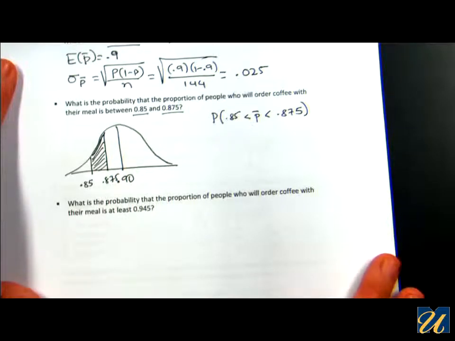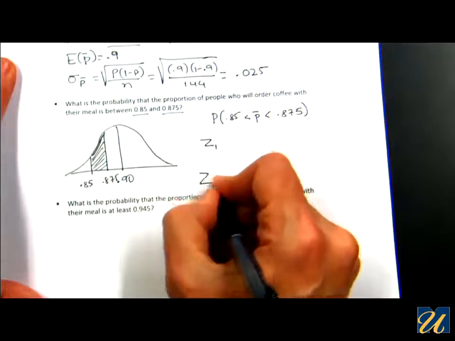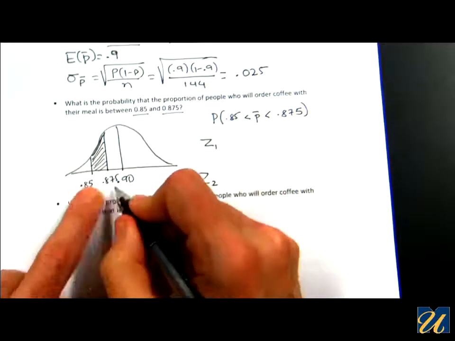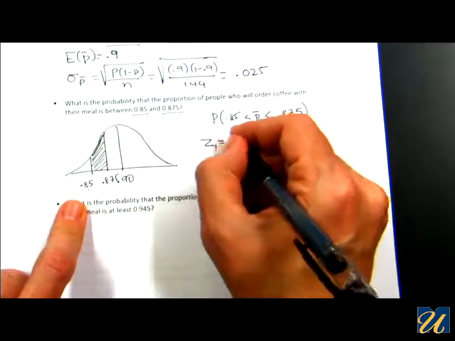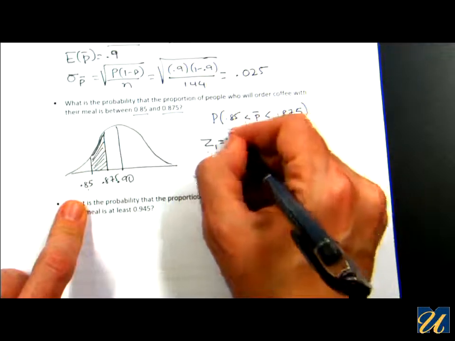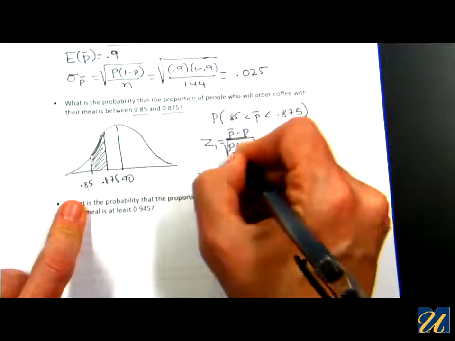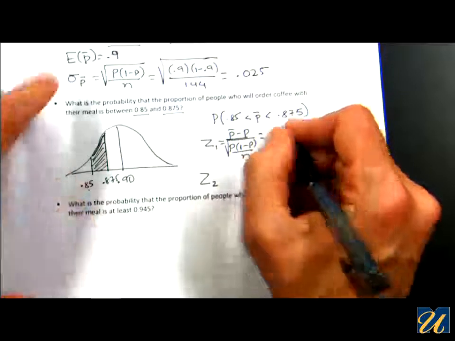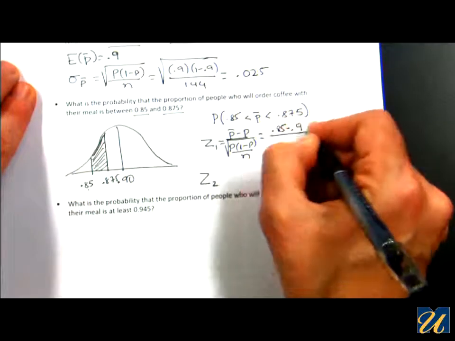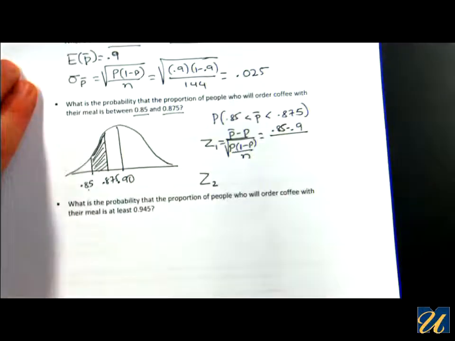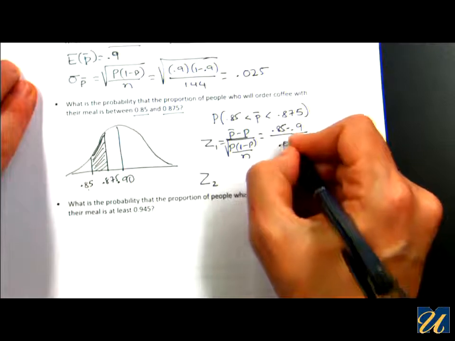So we will calculate two z-scores, z1 and z2, one for 0.85 and the other one for 0.875. So P bar minus P over square root of P times 1 minus P over n. So we have 0.85 minus 0.9 divided by 0.025.